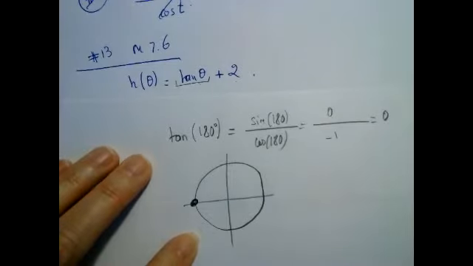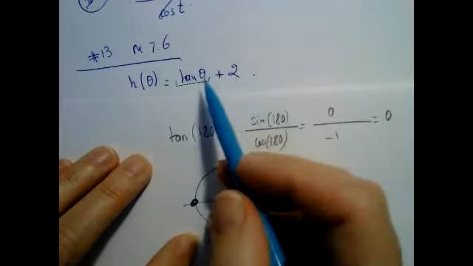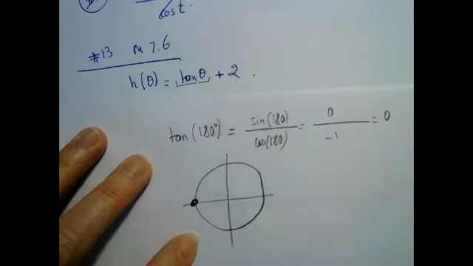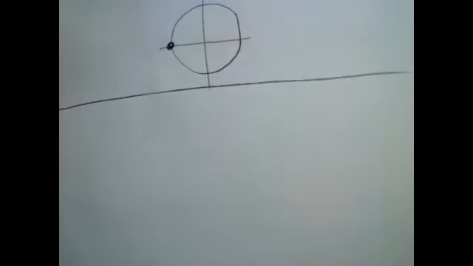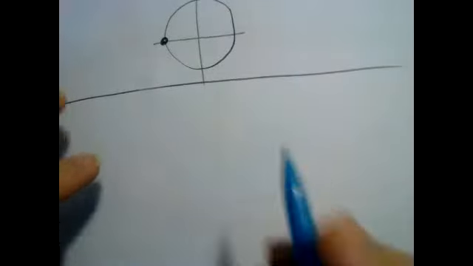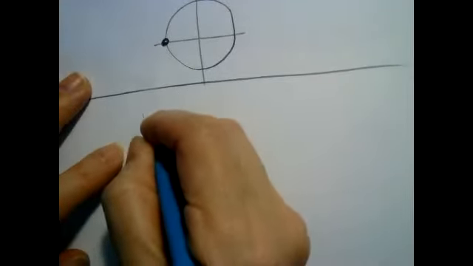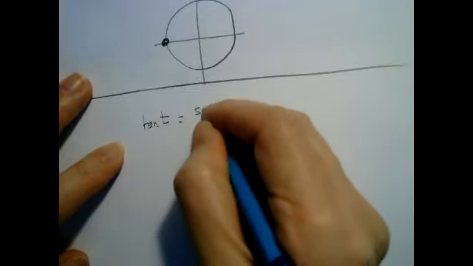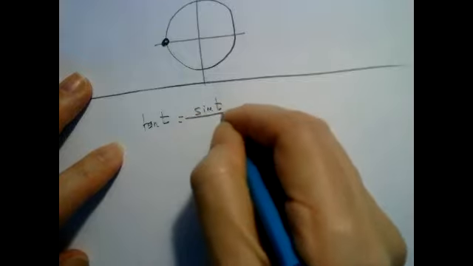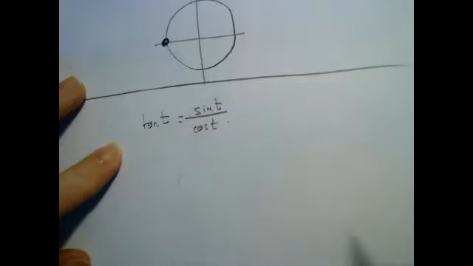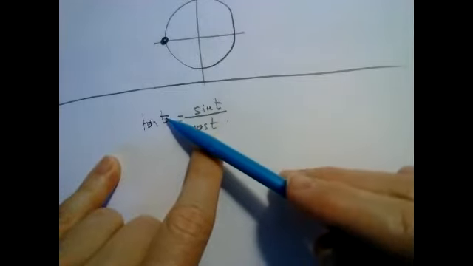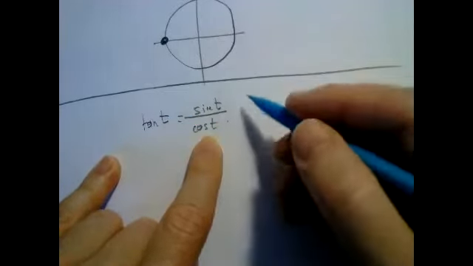When does the tangent have a problem? Which angle will I plug in here and there is no output? The tangent is not defined. We talked about it last time, and I will mention it one more time. What is the tangent? It has to be clear in your mind: it's the sine over the cosine. So which t can I input here so that I will have nonsense?